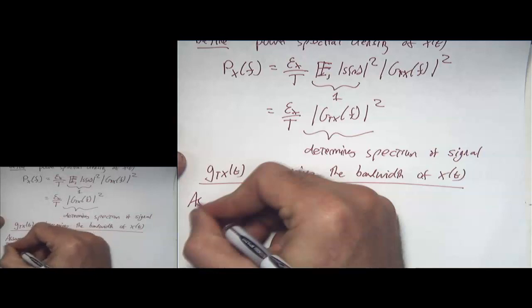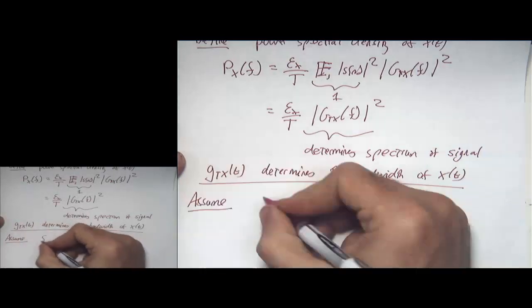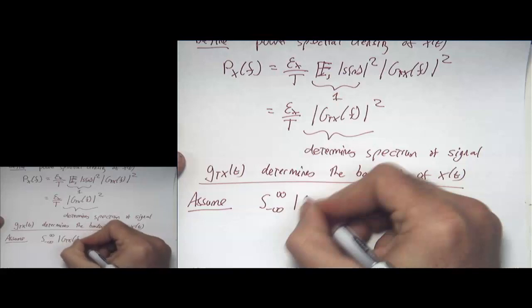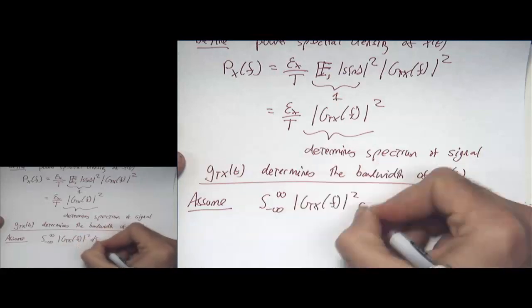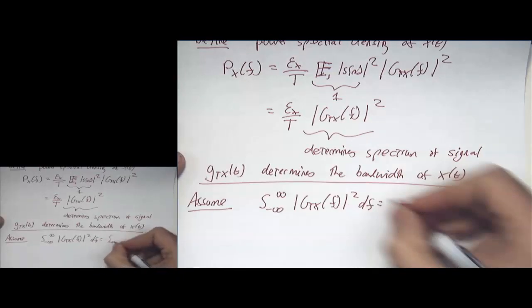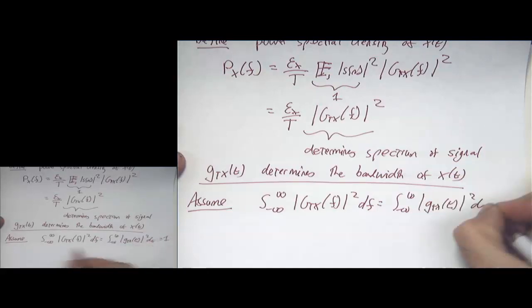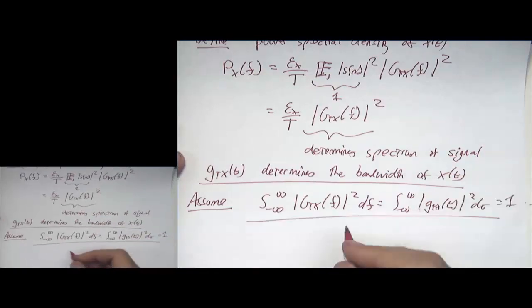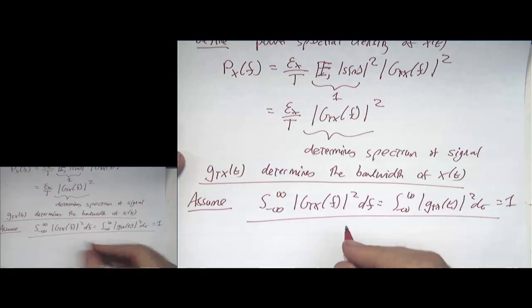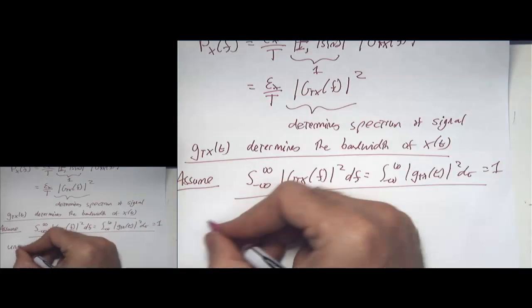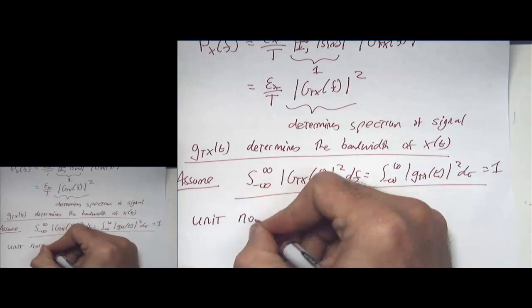We're always going to assume that the integral of |g_tx(f)|^2, which by Parseval's is the integral of |g_tx(t)|^2, is equal to 1. So we call this essentially a unit norm pulse shaping assumption.